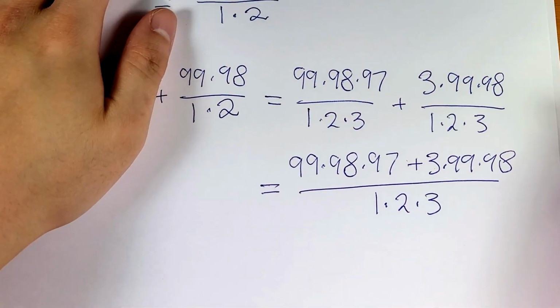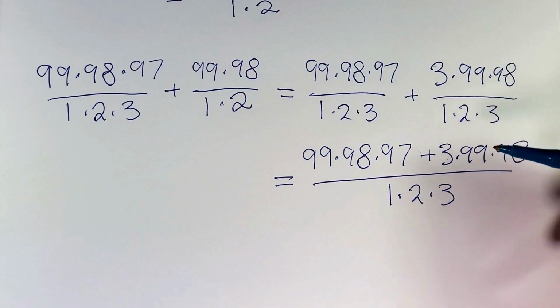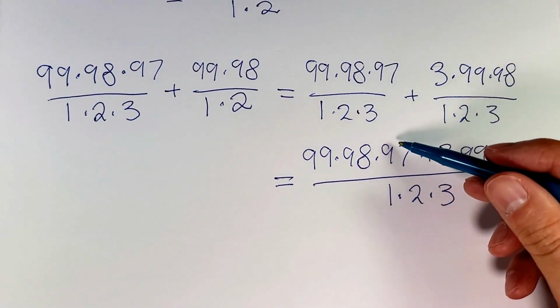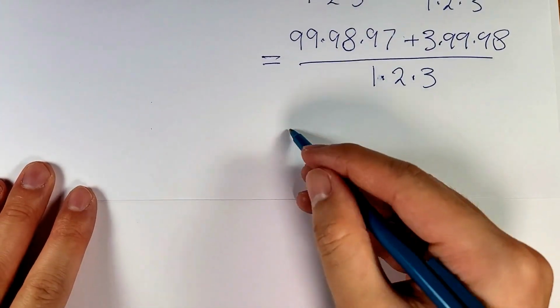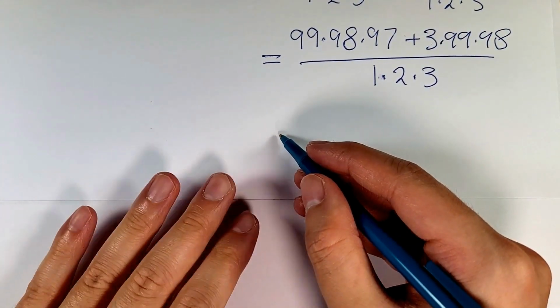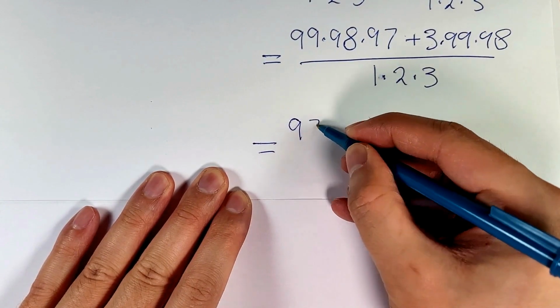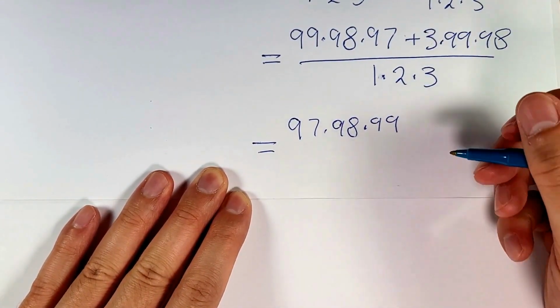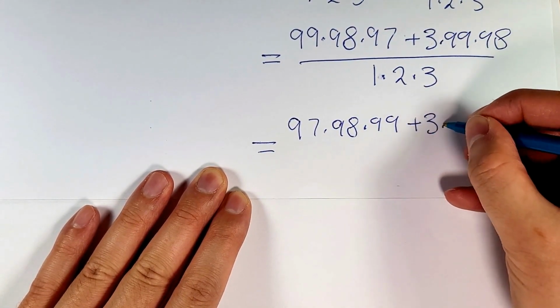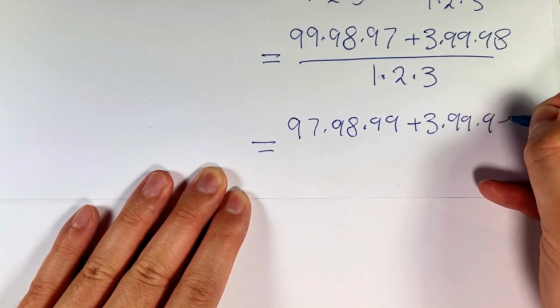I can rewrite this a little more, moving this 97 a little bit to the left. So what I get here is 97 times 98 times 99 plus 3 times 99 times 98.